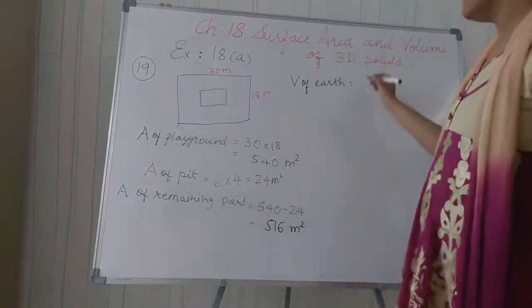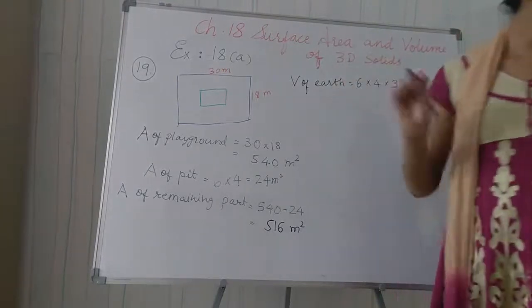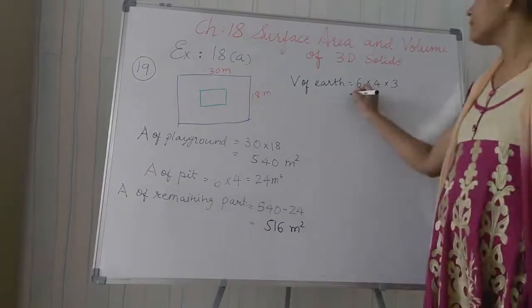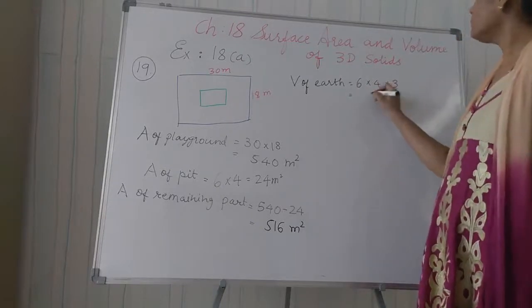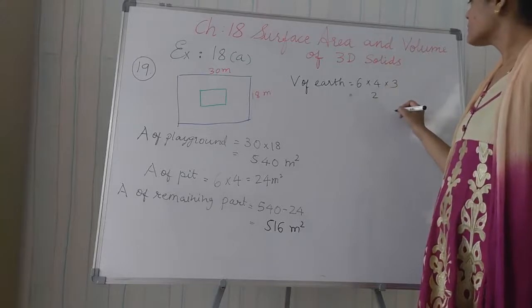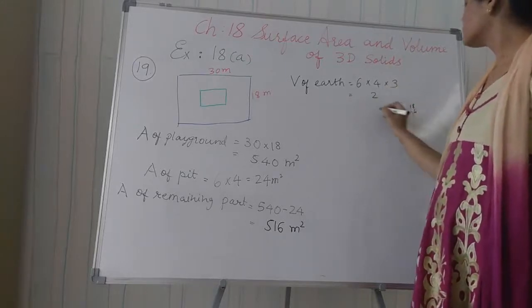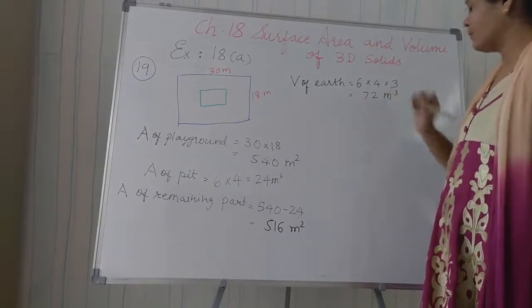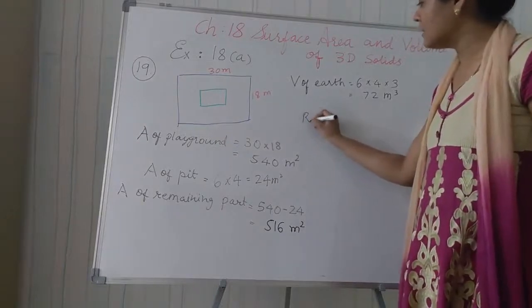So for that 6, 4 and the 3 is the height here, or the depth of the pit I can say. Am I correct or not? Yes, I am correct. Now we calculate it. 72 meter cube.